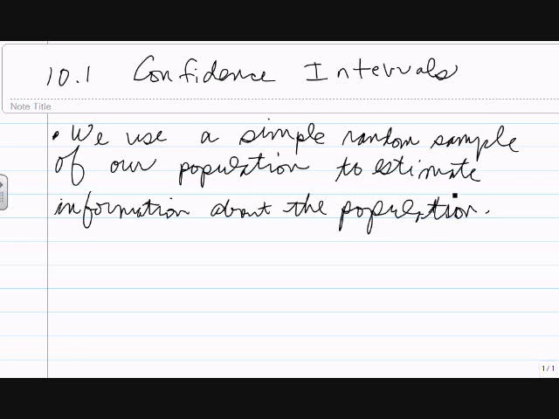That information may be what percent is going to vote for something. It may be an average, or a standard deviation. We're mostly going to do maybe a slope of a regression line. For right now, we're basically estimating proportions and means, but we can do other things. All of this information that we're going to estimate about our population, these are all called parameters.